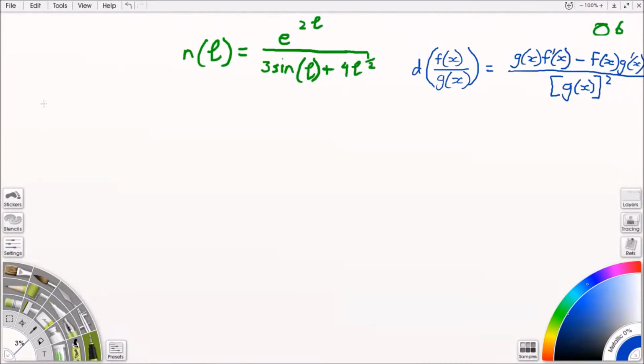So our f of x here is equal to e to the 2L. And now there are a large number of memes online in regards to deriving e. If you just search them up, they're pretty funny because in some cases it's like a loop, it never ends.